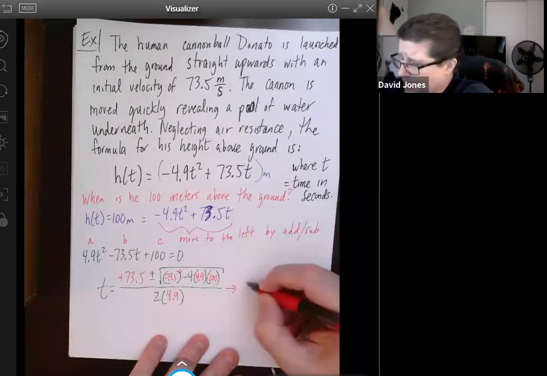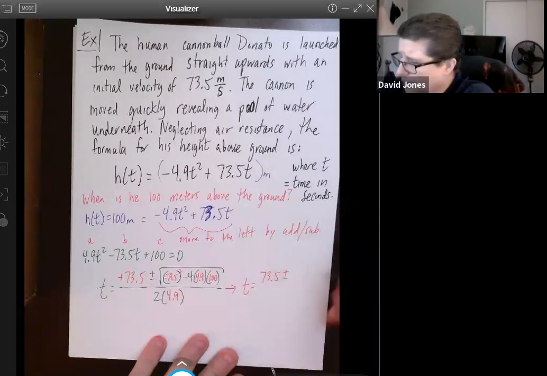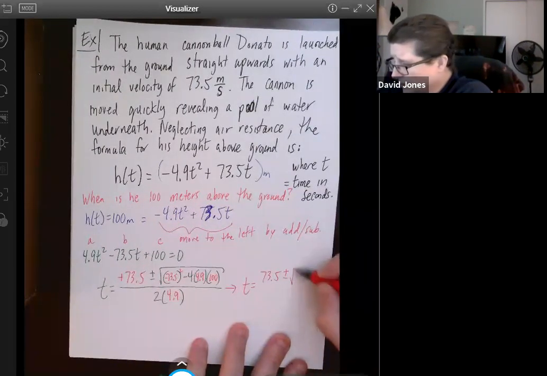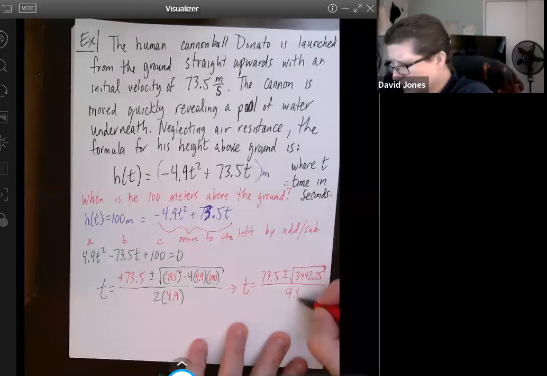If I do that, I get t equals 73.5 plus or minus the square root of 3,442.25, all divided by 9.8.